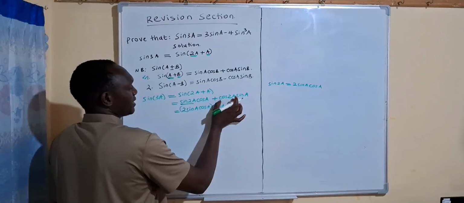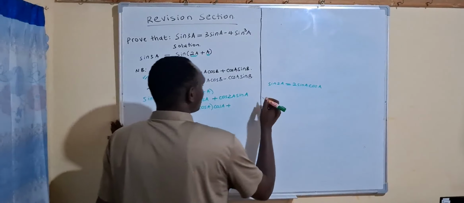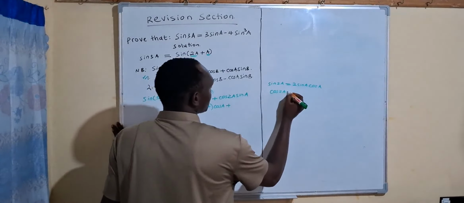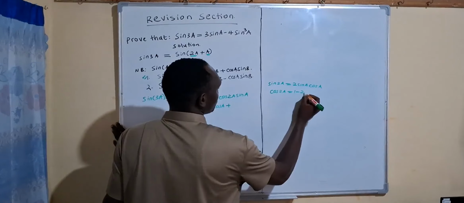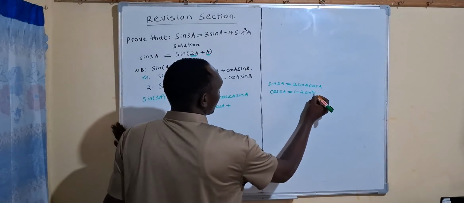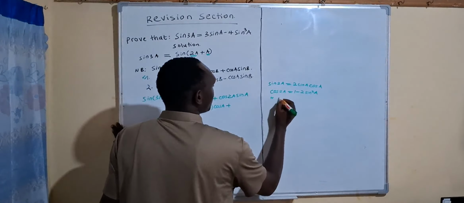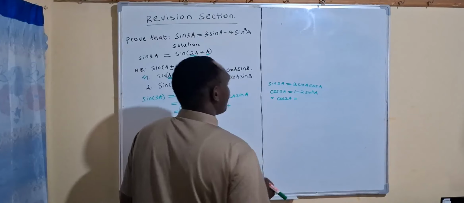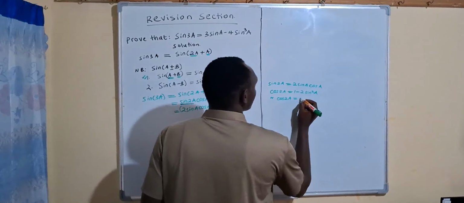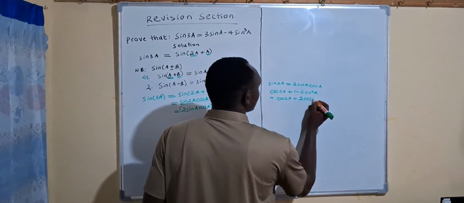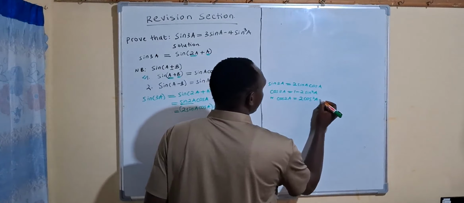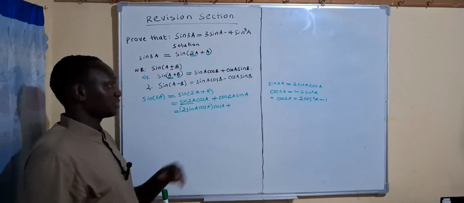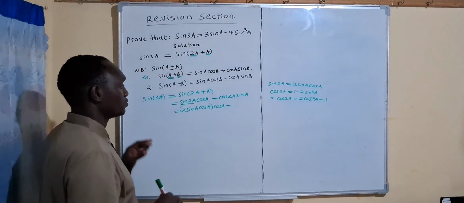And then plus. Since we have a sine here, it is okay, but here we have a cosine. There are two identities for cos of 2A. The first one is 1 minus 2 sine squared A, or cosine of 2A is the same as 2 cos squared A minus 1. In your discussions, please be in a position to revise that.